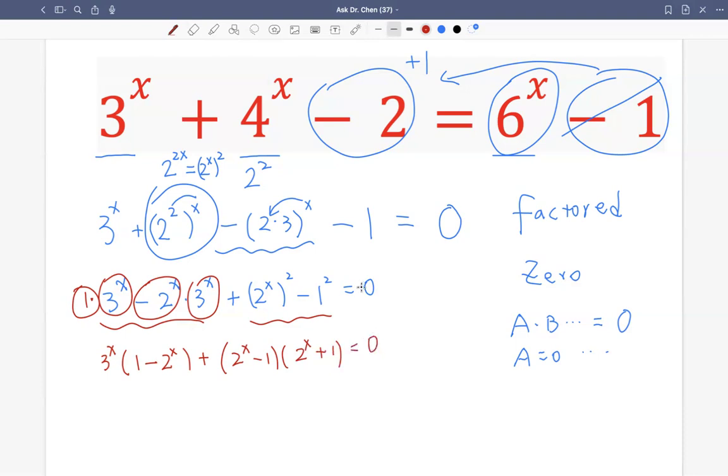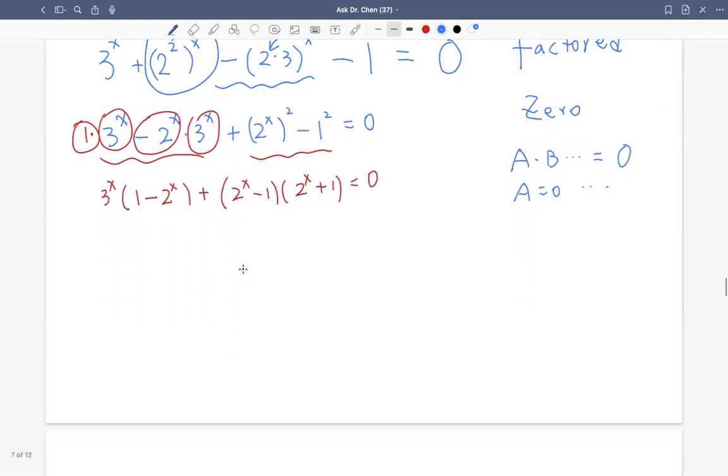Now, it looks like we don't have a common factor, but observe these two terms: 1 minus 2 raised by x, and 2 raised by x minus 1. In 1 minus 2 raised by x, we can factor out a negative sign. That's exactly 2 raised by x minus 1. Negative 2x, negative 1 is positive 1.